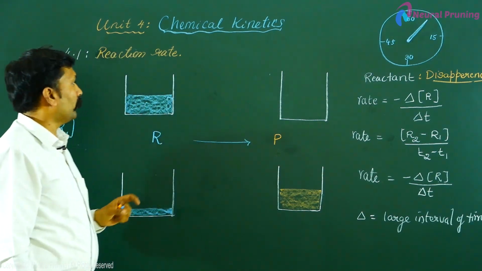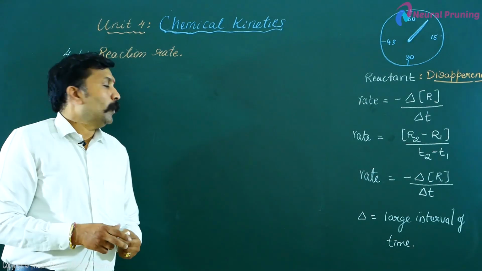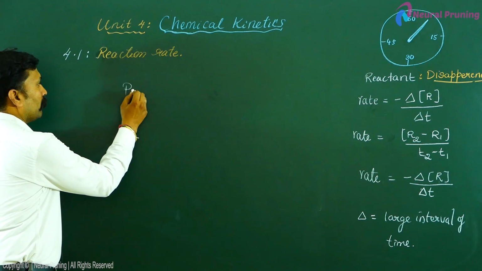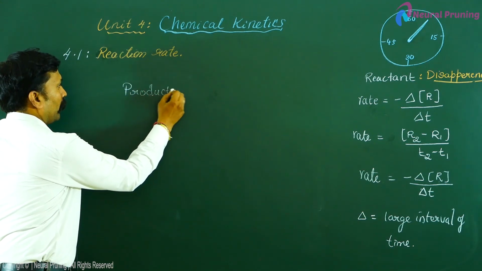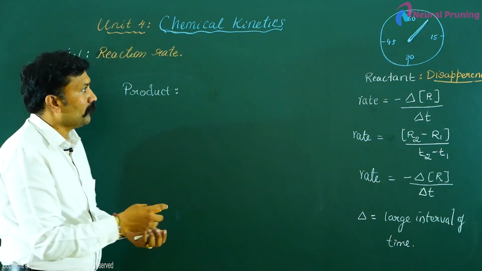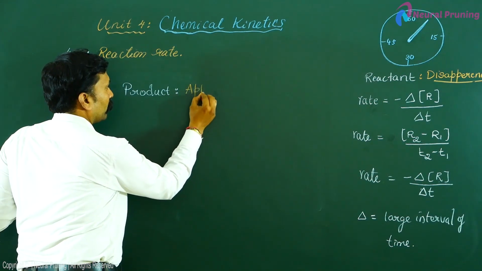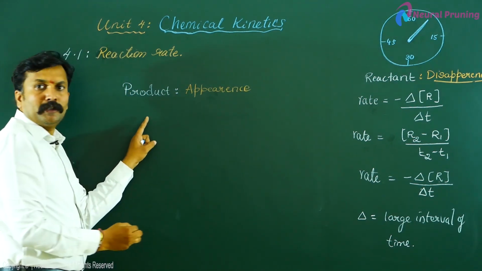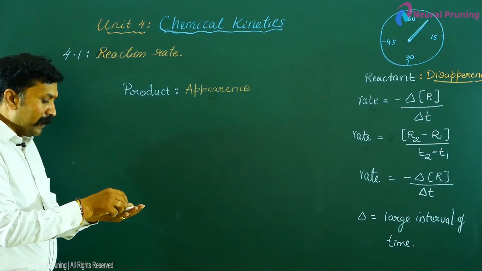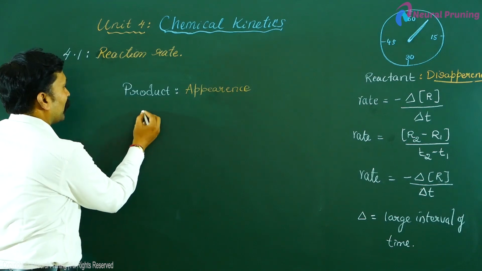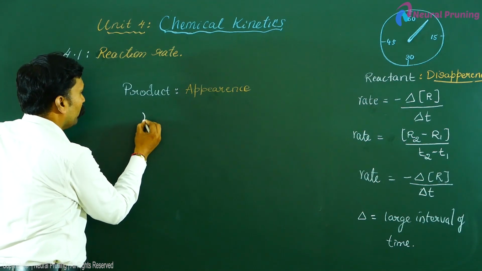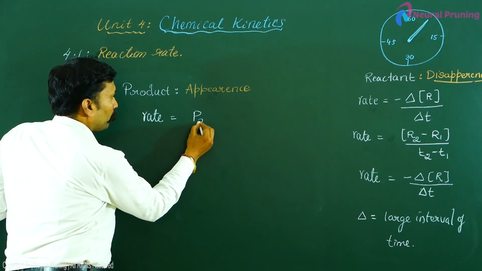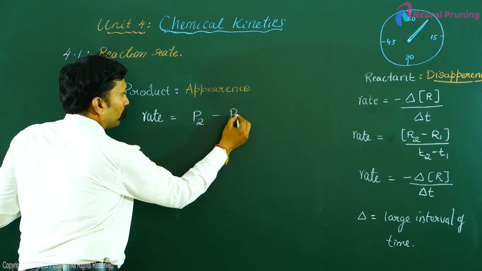Similarly, we can do it for the products. When we consider products, I've already told you that we use the word appearance: appearance of the product at a given time. We can calculate the rate with reference to both reactants as well as products. Now the rate for the product is P2 minus P1.